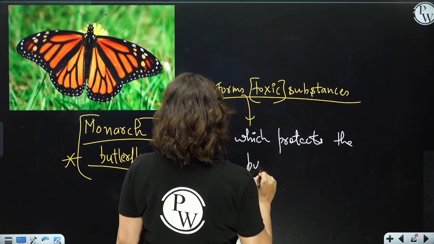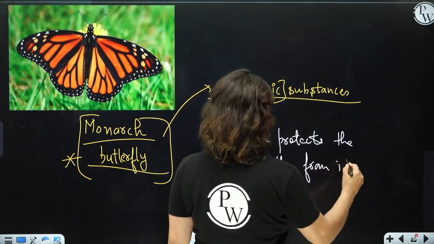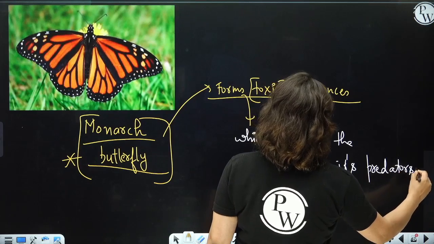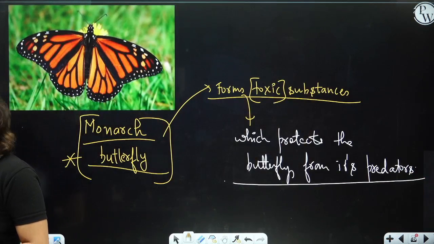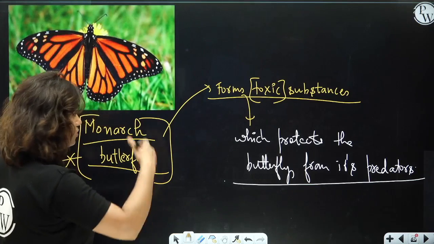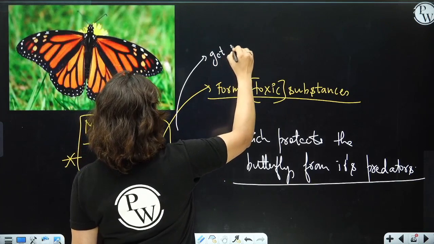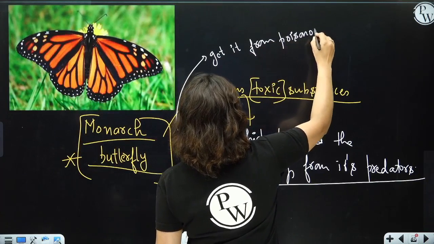from its predator, right? From its predators, right? So this is an important case of forming the chemicals to protect themselves from the predator. Okay, so monarch butterfly does not form the toxic substance, it gets it from the poisonous plant on which it feeds.